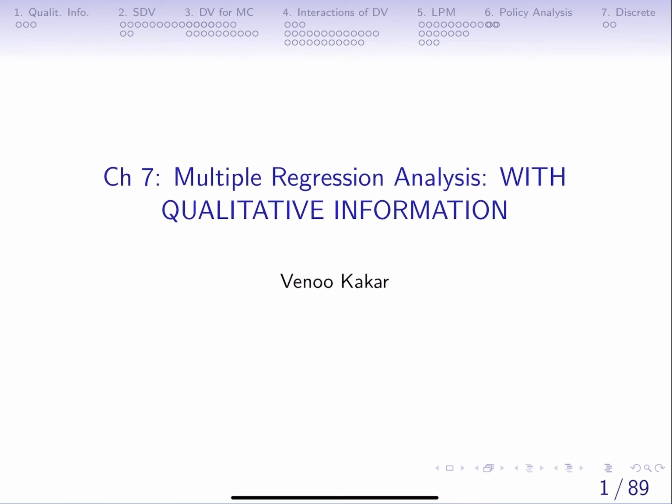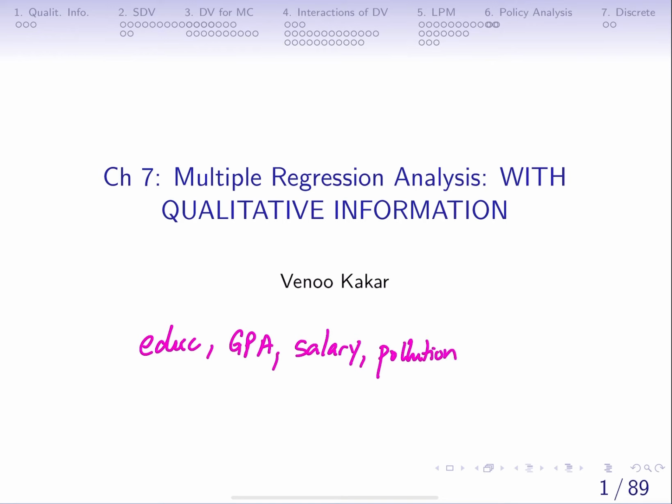So whether we are looking at years of education, or GPA, or salaries and wages, whether it's revenues or the amount of water pollution, all of these types of variables capture quantitative information that is useful because the magnitude tells us something. Okay, and then we also saw that we could take the natural logs and also turn the coefficients into percentage changes and things like that.